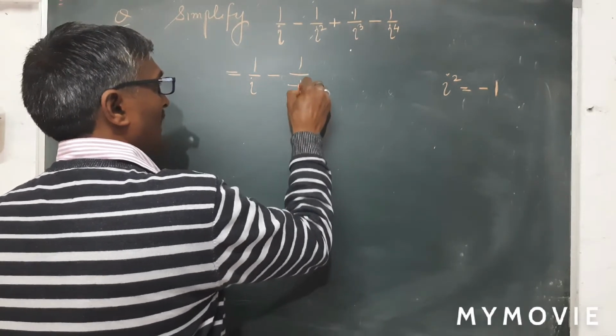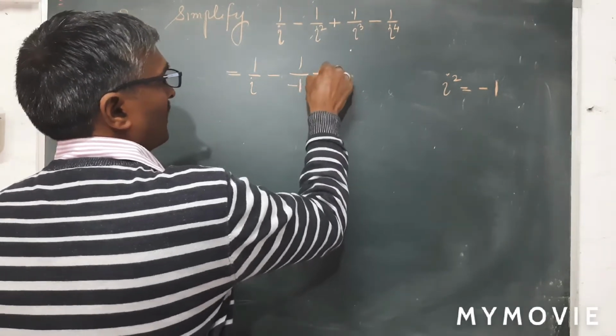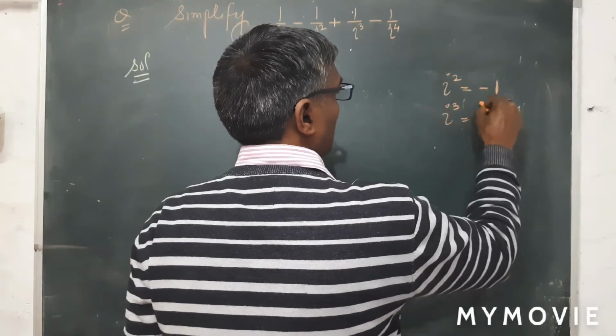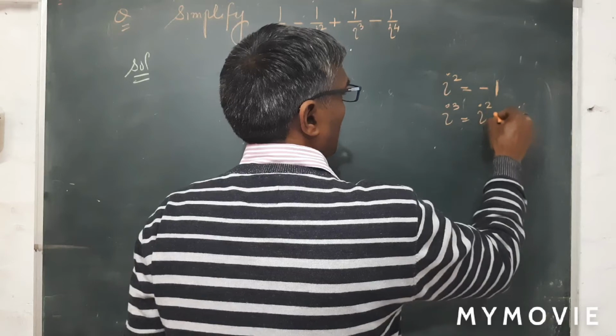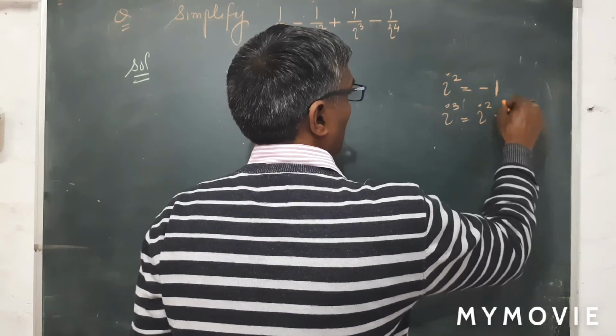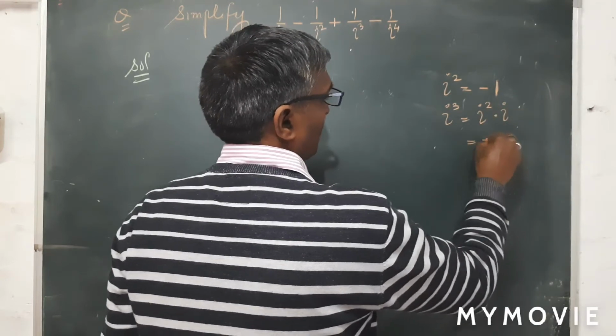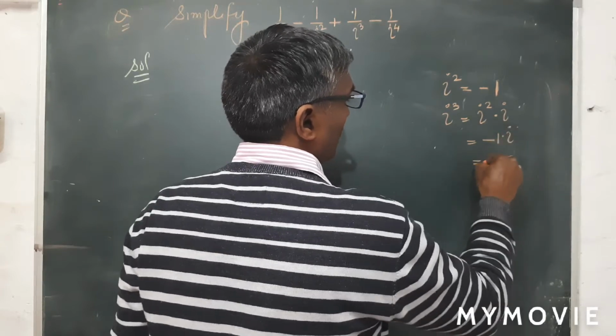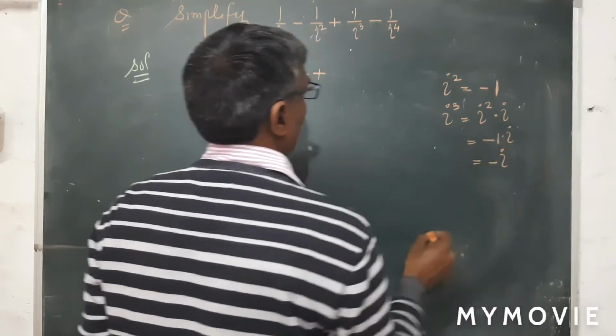You will write down minus 1 here, plus iota cube. Iota cube is equal to iota square into iota. Iota square is minus 1. Minus 1 into iota is equal to minus iota.